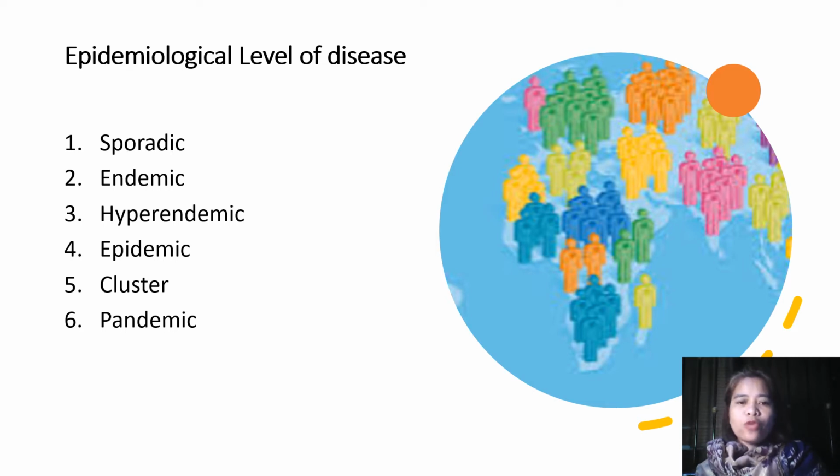Epidemic refers to an increase, often sudden, in the number of cases of a particular disease above what is normally expected in that particular population in a particular area. Outbreak carries the same definition as epidemic, but it is often used for a more limited geographic area.